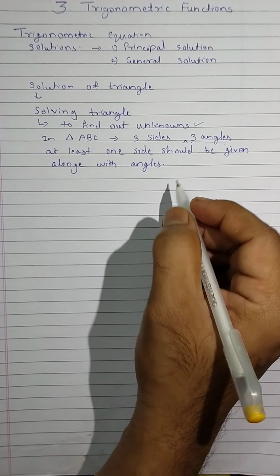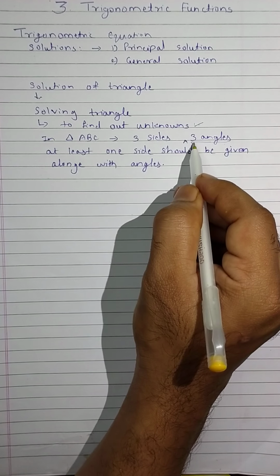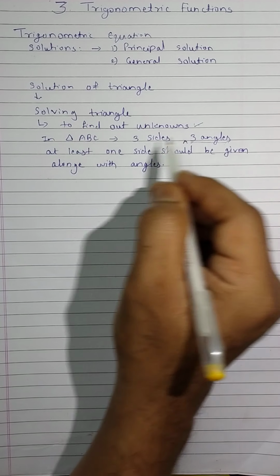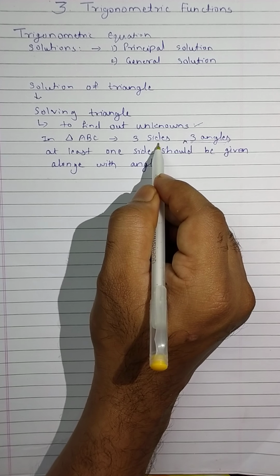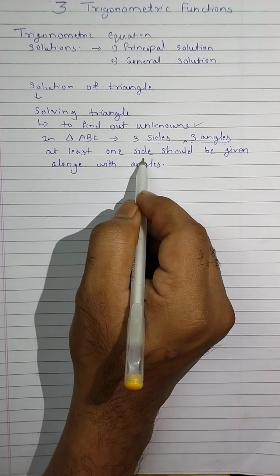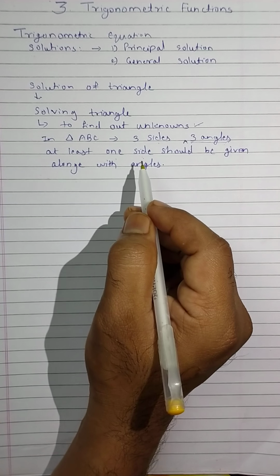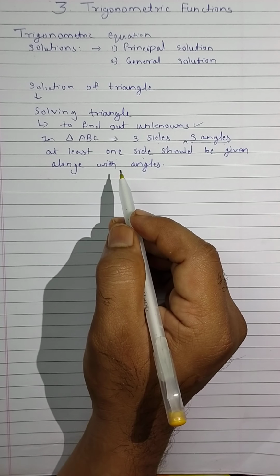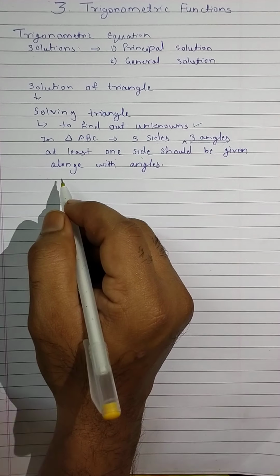That means it cannot be done if only the measures of angles are given and none of the sides is given. So we at least need the length of one side. Then only we can solve the unknowns of the triangle.